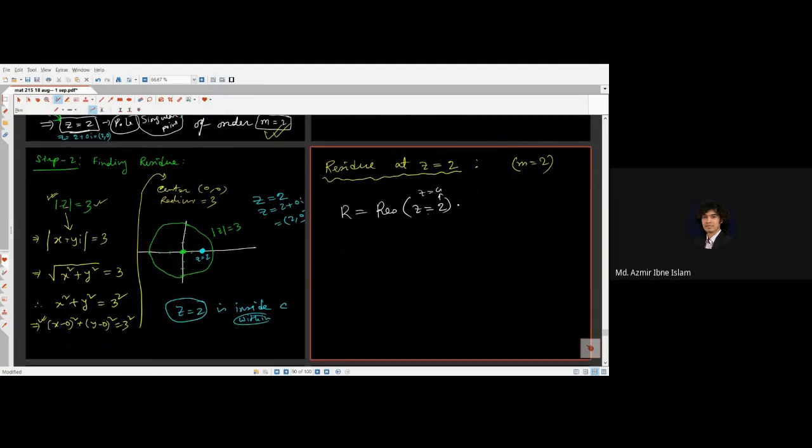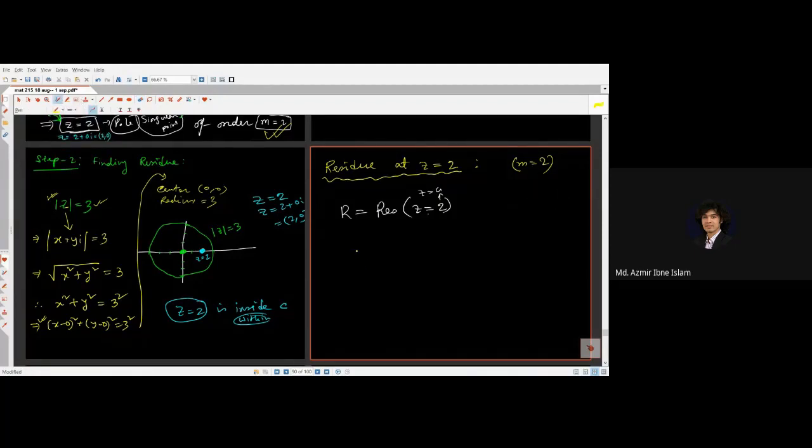Or we can also write this as residue of f of z, comma 2. That means we are going to find the residue of the function at pole 2. We can use any notation.